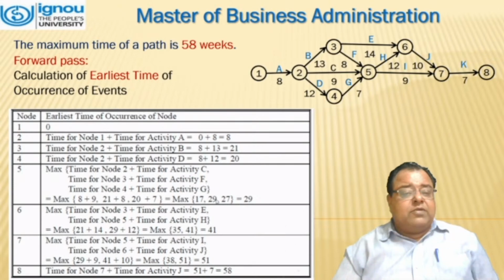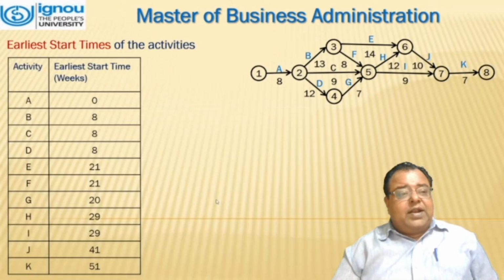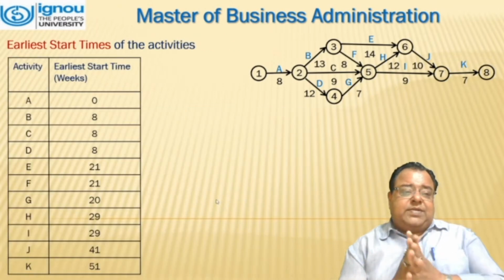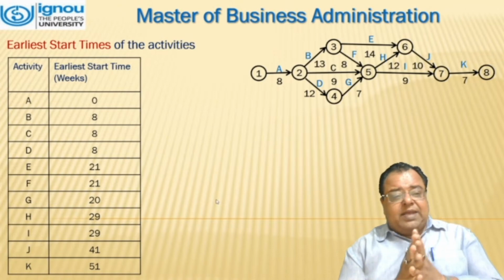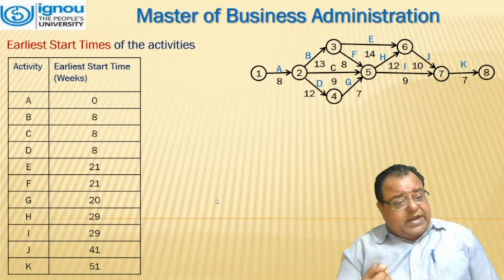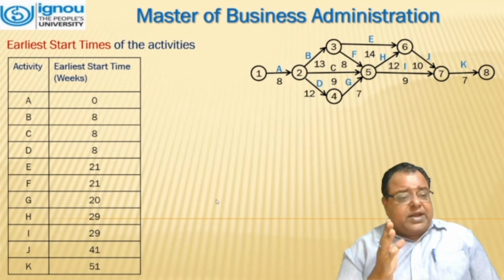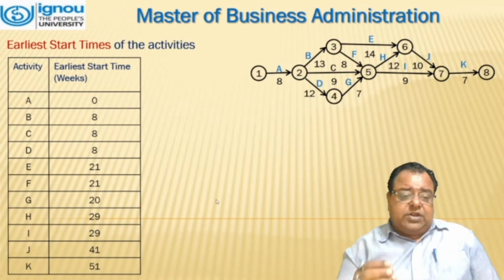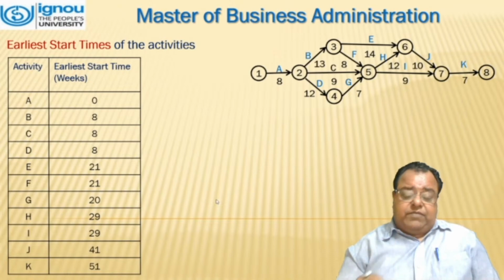And the maximum time for the period is 58 weeks. That means earliest start time will be tabulated. What we have calculated earlier is being tabulated over here. That is TE. For each activity, it has to be written in the tabulated form, which comes out to be 0, 8, 8, 8, 21, 21, 20, 29, 29, 41, and 51.